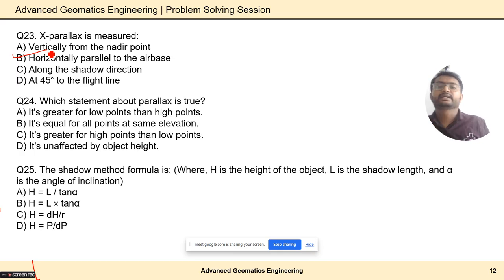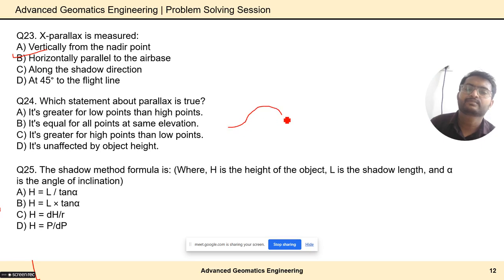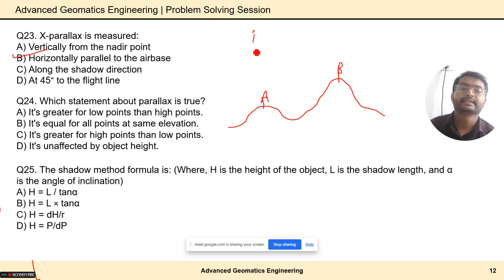Which of the following statements about parallax is true? Just check. Draw a terrain and take, let's say, two points. One is at low elevation, let's name it A, and the other B. Now let's say this is our satellite, it will capture the object.